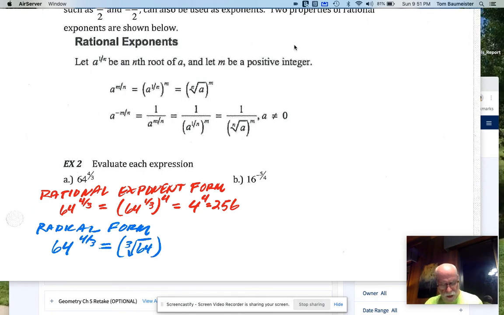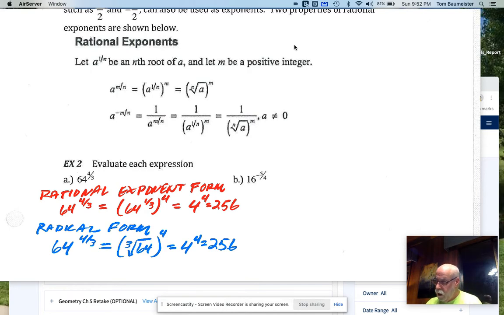And again, just think, what number times itself three times equals 64? That would be 4. And we're going to raise that to the 4th power. So either way, you'll get 256.